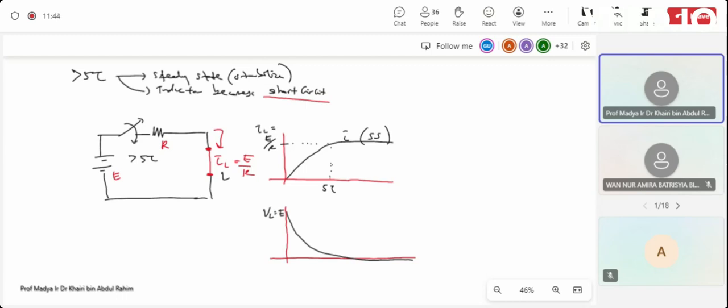So therefore the voltage across the inductor is actually equal to E. So over here, this is 0, t equals 0, okay. And after steady state, so this is t, okay, V is equal to 0. Why? Because it's just a short circuit here. Okay, there's nothing here, right? So that's during the transient process, storing and then releasing the magnetic field.